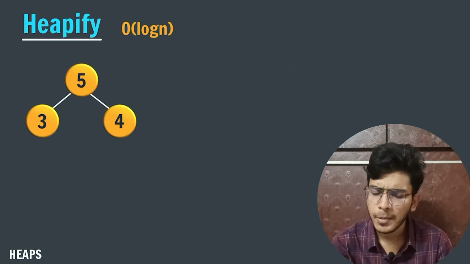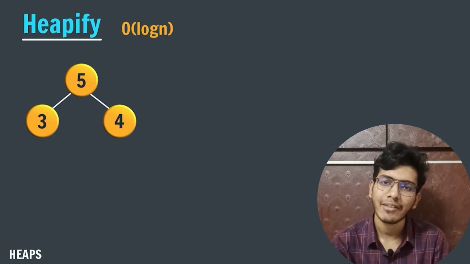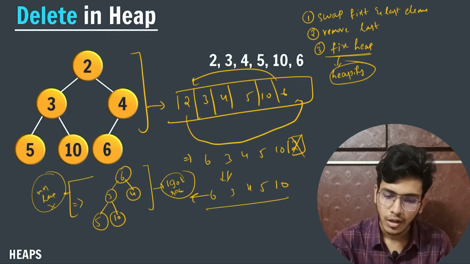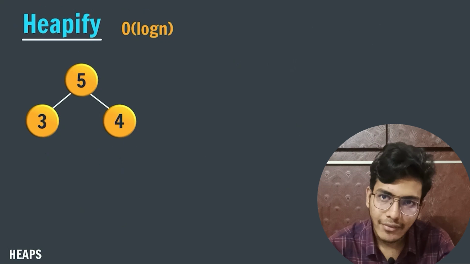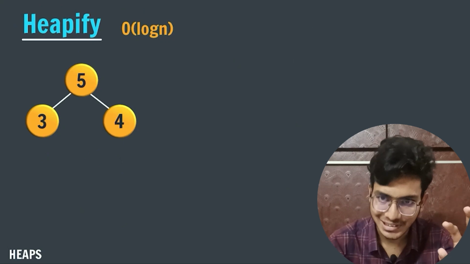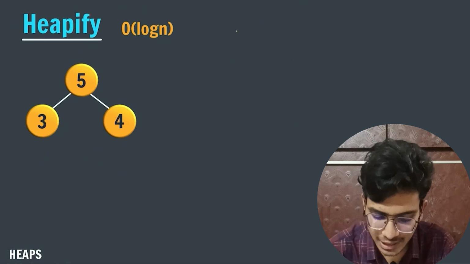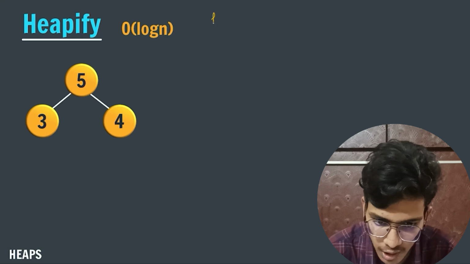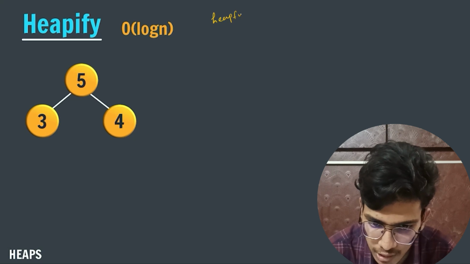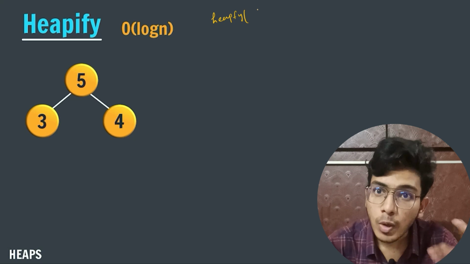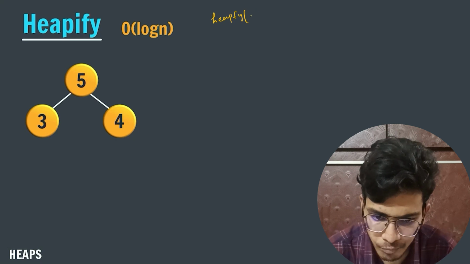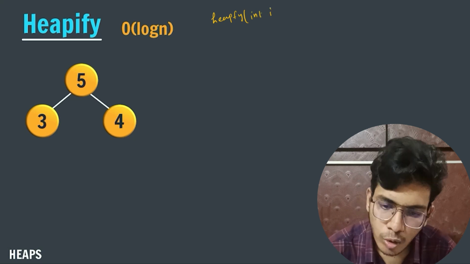In the heapify function, I will pass the root node index, whatever the root node index is. Let me write the heapify function. In the heapify function, I will pass int, my root node index.